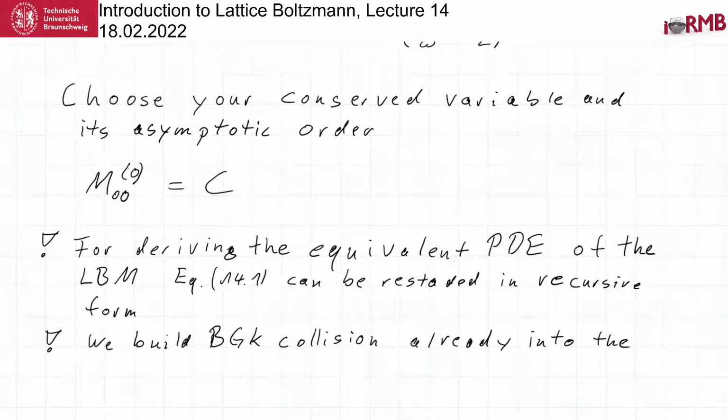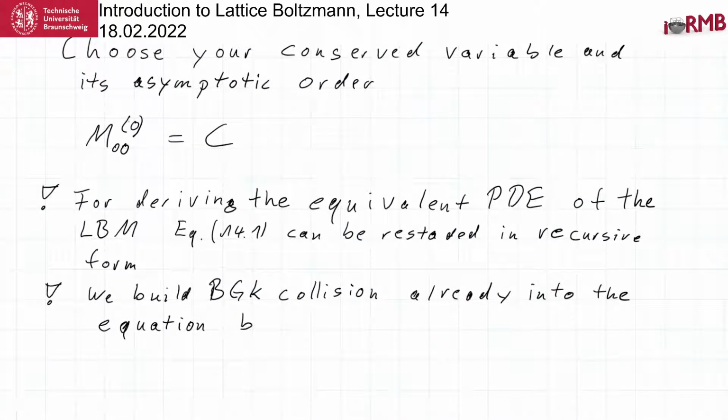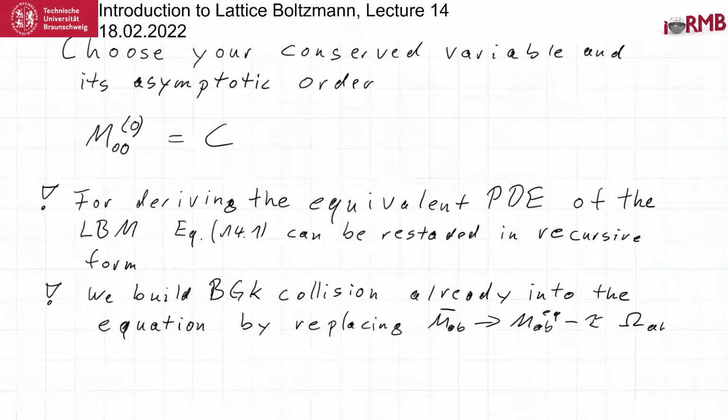But for simplicity now, we build everything into one equation so that we can finish in 1.5 hours with this, hopefully. This is done by replacing M_AB in our equation 14.1 with M_AB equilibrium minus tau omega_AB. So this will build it in.